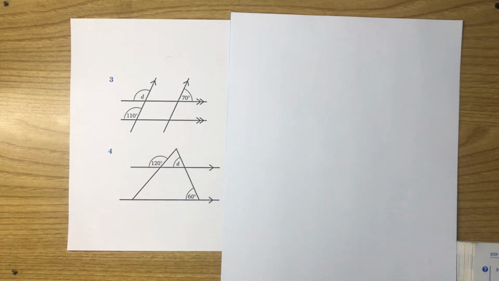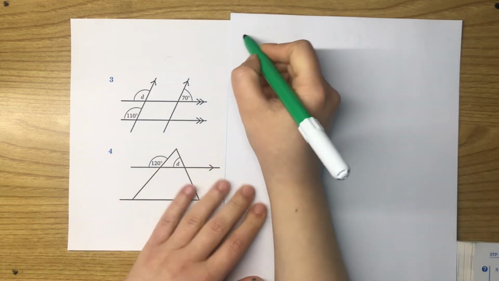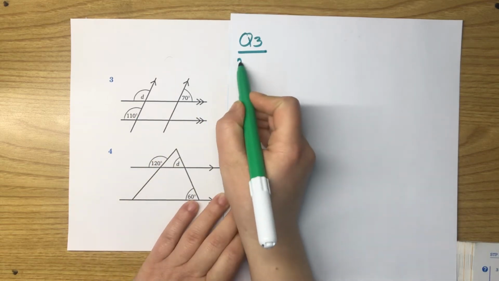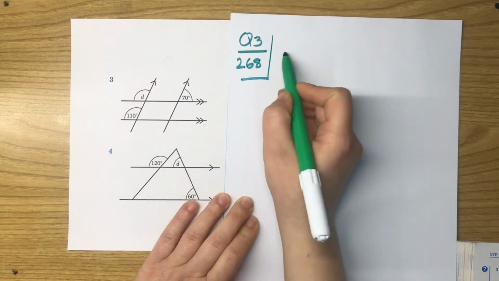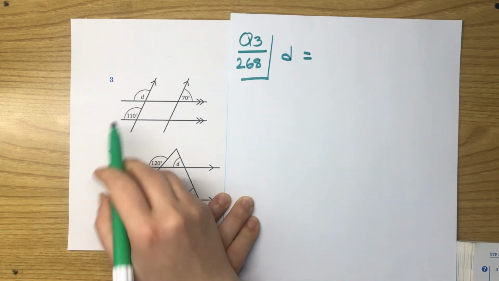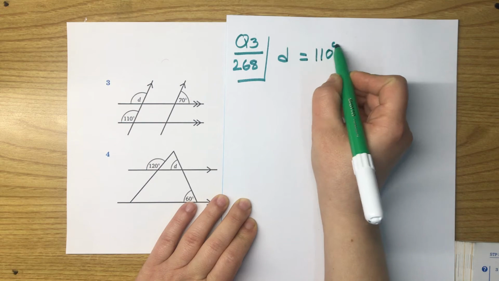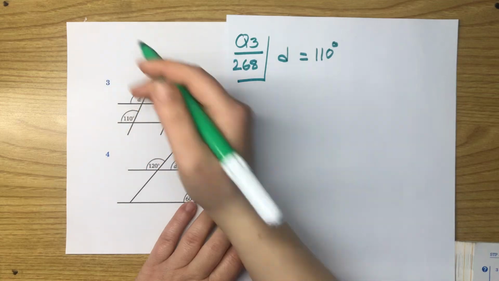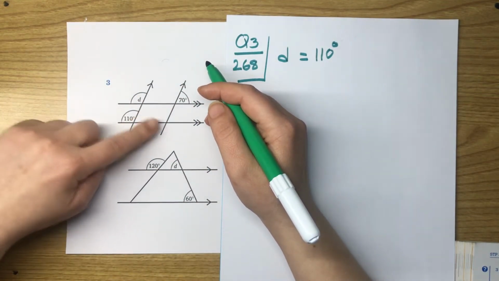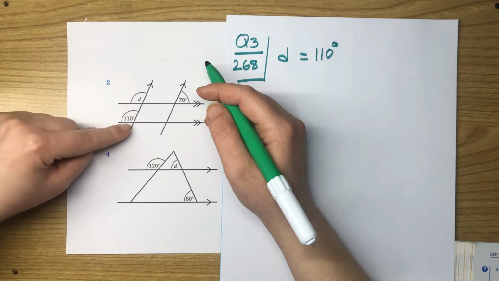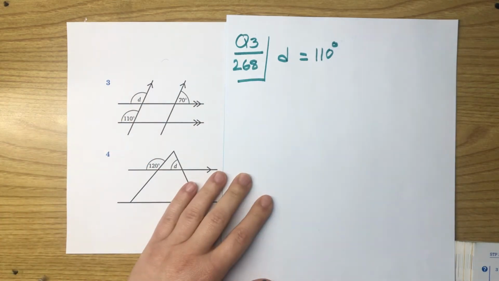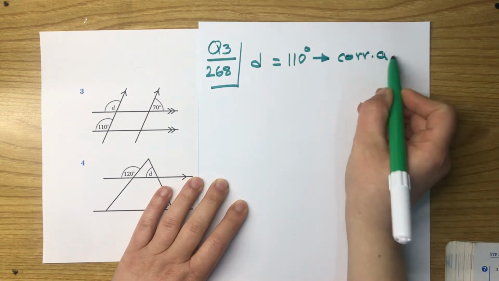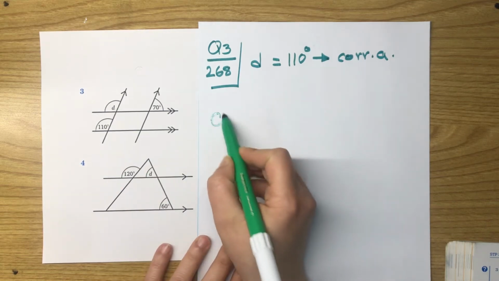In question number 3, on page 268, D is going to be what? 110 degrees. Why? Left side, upper side: left, upper, so it's going to be equal to 110. Why? The reason, please, corresponding angles.